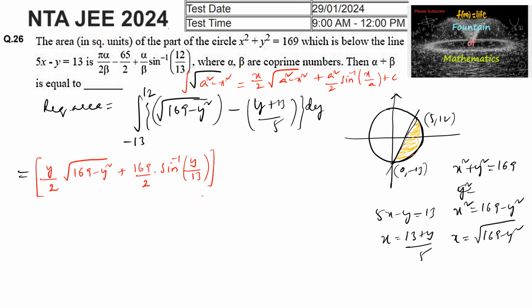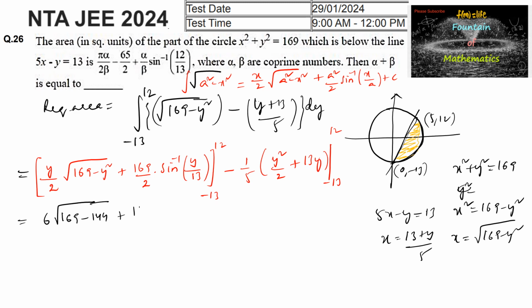So here over the limits minus 13 to 12, and again minus, here if I take 1 upon 5 common, integration of y is y square by 2 plus 13 times integration, that is 13y, over the limits minus 13 to 12. Now substituting the limits, 12 upon 2 is 6 times root of 169 minus 12 square, 144, plus 169 upon 2 sin inverse of 12 upon 13.